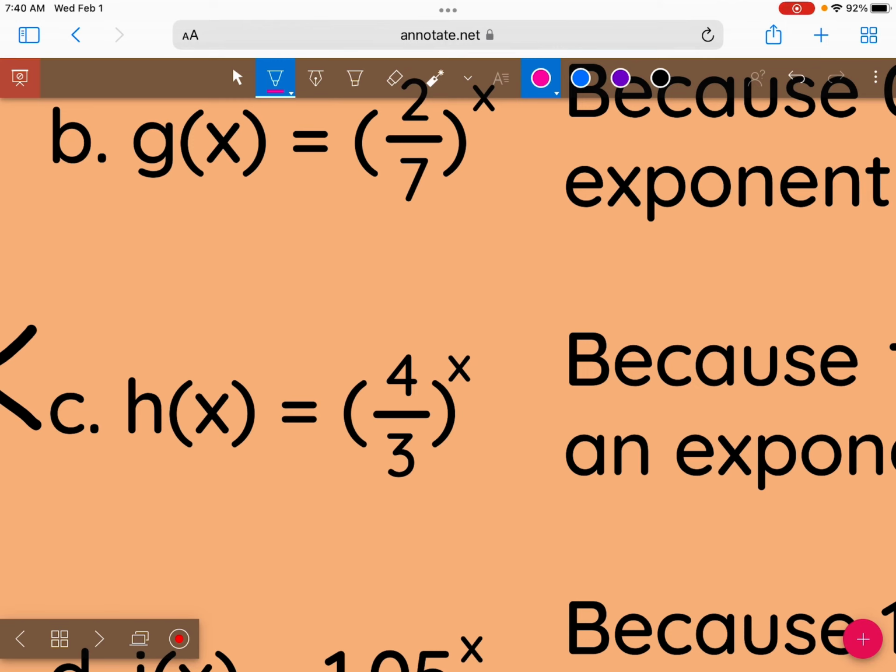All right. h of x equals 4/3 to the x. Because 4/3 is what compared to 1? Is it greater than or less than? If we were to write that as a mixed number, what would we have? If you type it in your calculator, what's 4 divided by 3?